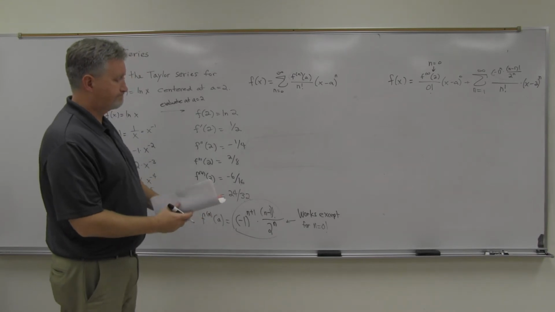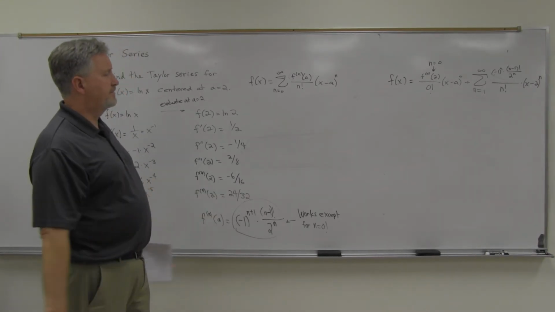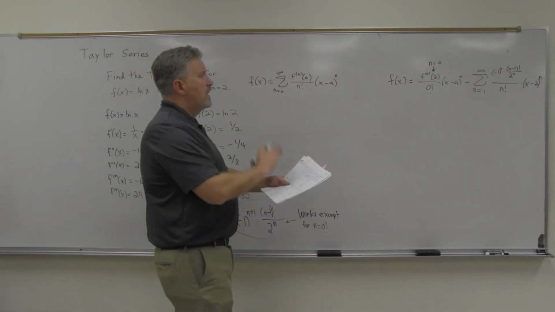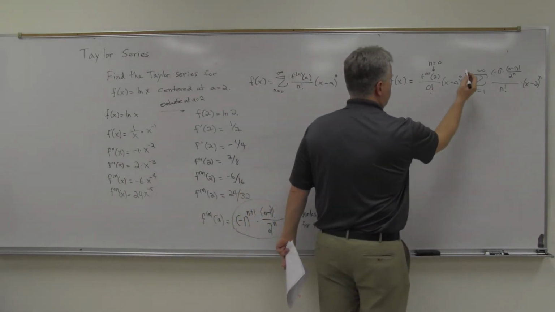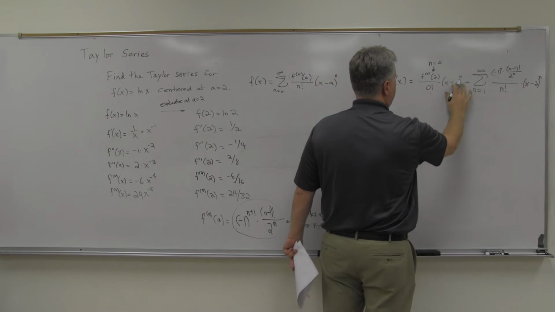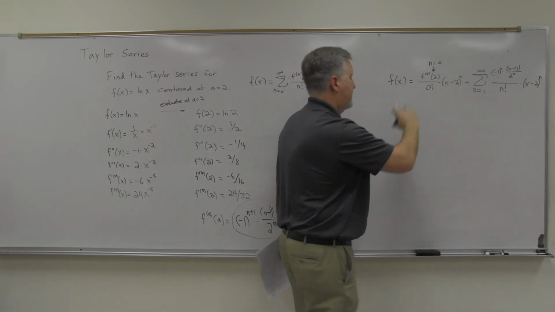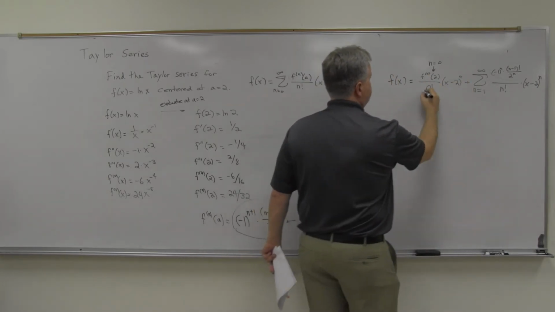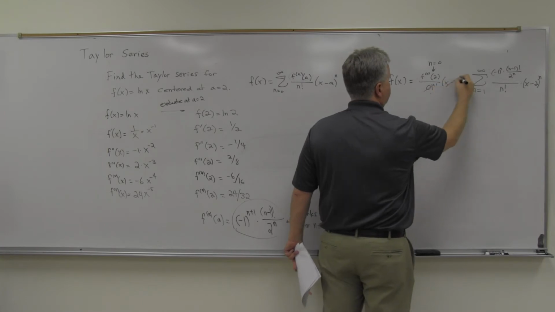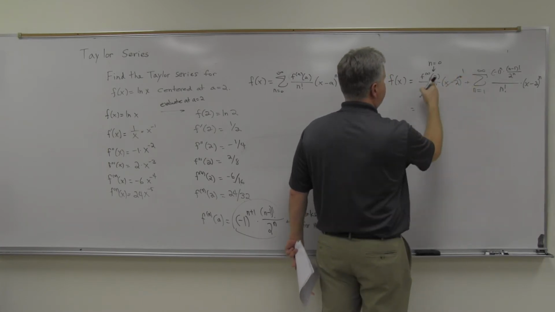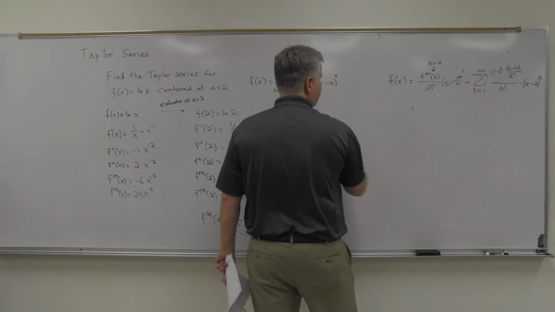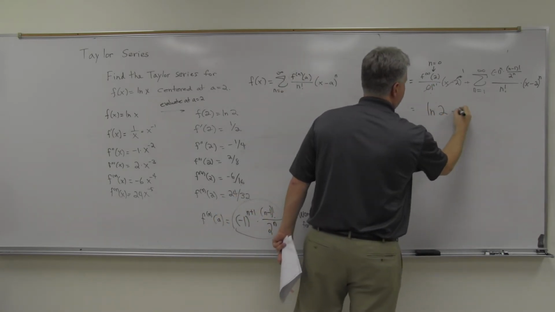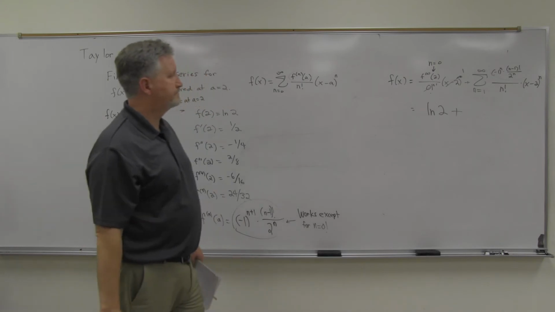And we'll just clean that up a little bit. So yeah, this 0 factorial is 1, x minus, that would be a is 2. But it's not going to matter because that's just 1. So on the left here is f of 2. Well, f of 2 is ln 2, so that first term is ln of 2.